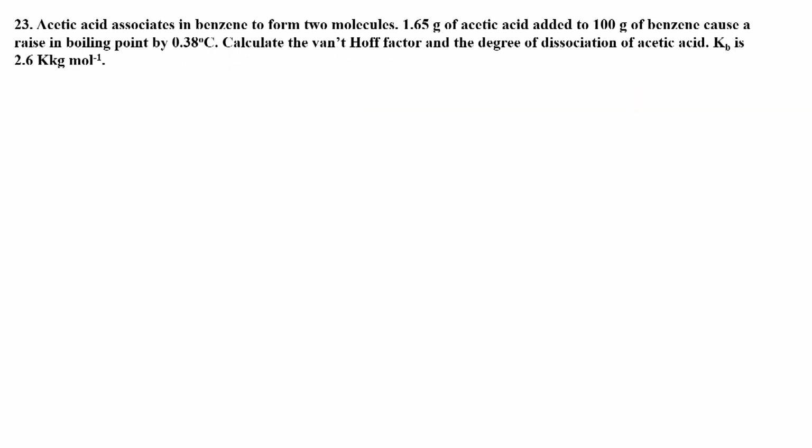Problem number 23 says acetic acid associates in benzene to form two molecules. 1.6 gram of acetic acid added to 100 gram of benzene causes a rise in boiling point by 0.38 degrees Celsius. Calculate the Van't Hoff factor and the degree of association of acetic acid. Kb is given.